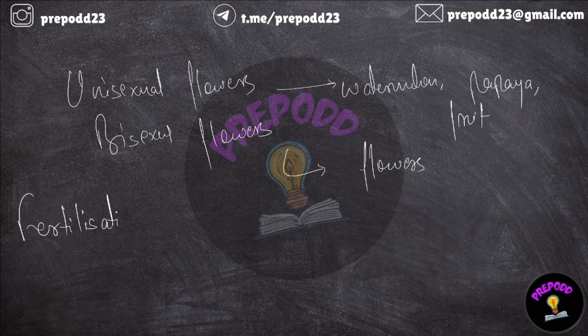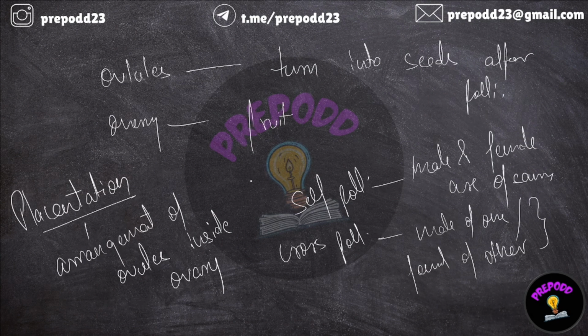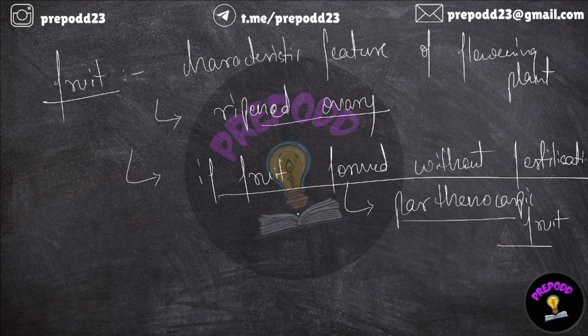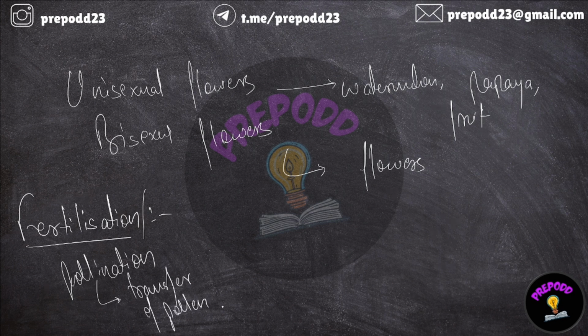Okay. So now we will learn about fertilization. Earlier we said that pollen grains go from the anther to the stigma, and that is termed pollination, and the ovary turns into fruit after pollination. Then we learned about self and cross pollination. Pollination is the transfer of pollen grains from the male to the female part.